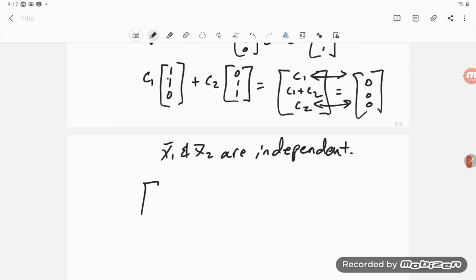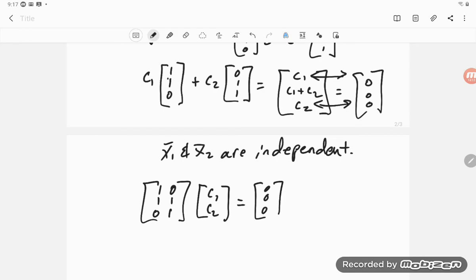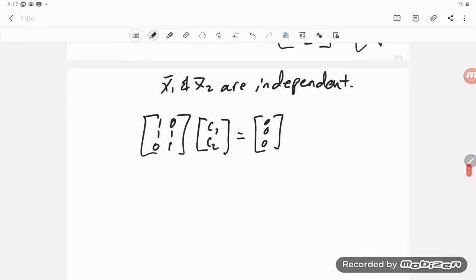Again, if I do this as the matrix situation, I have the matrix with columns (1, 1, 0) and (0, 1, 1), and I'd like to multiply that times some C1, C2 to get (0, 0, 0). I can set up an augmented matrix to look for a solution.